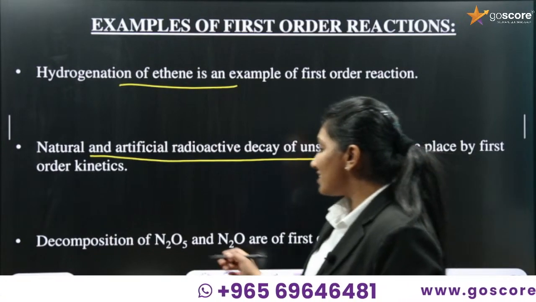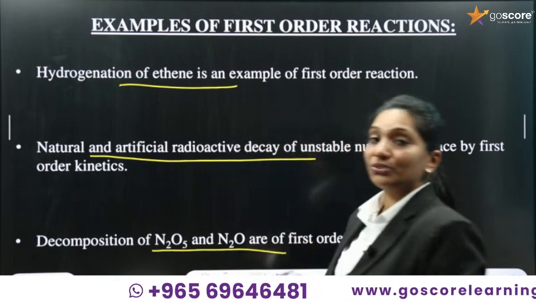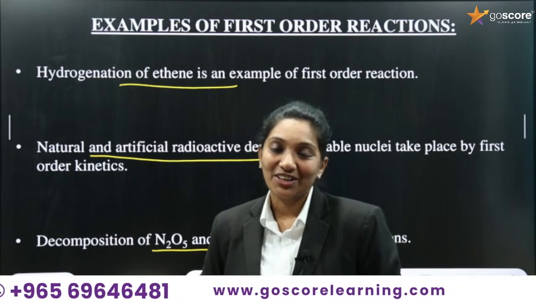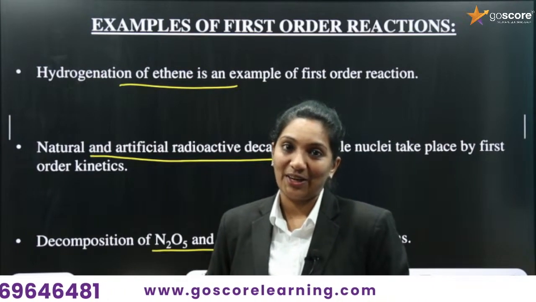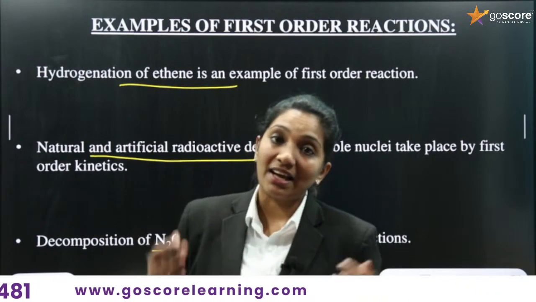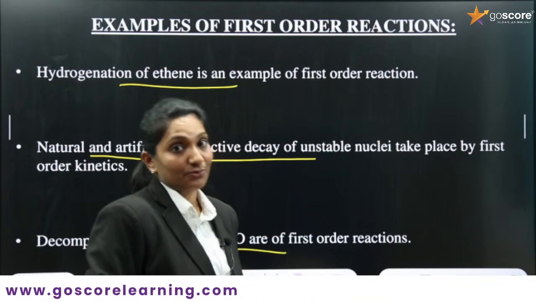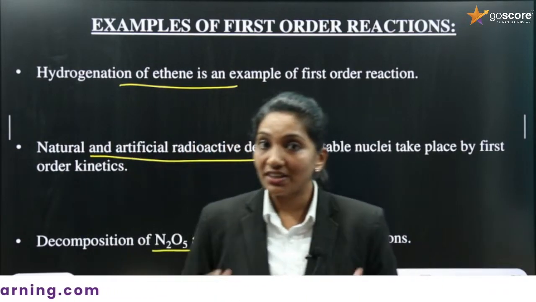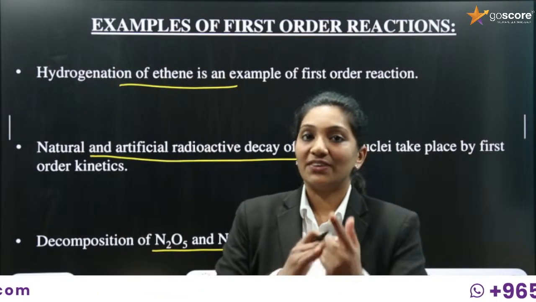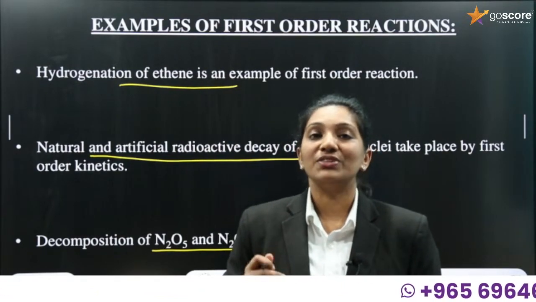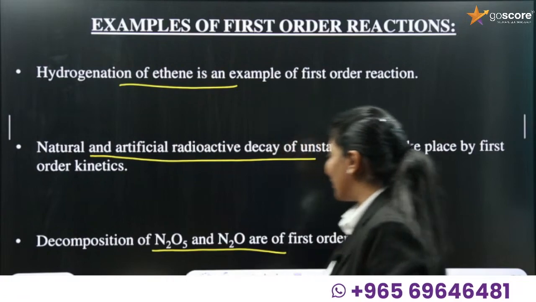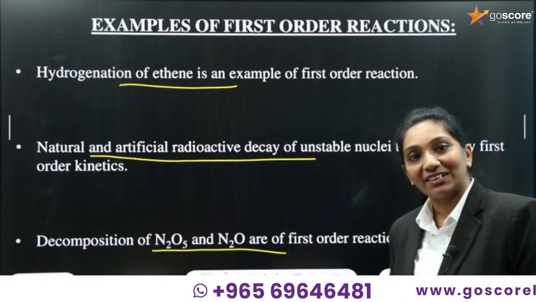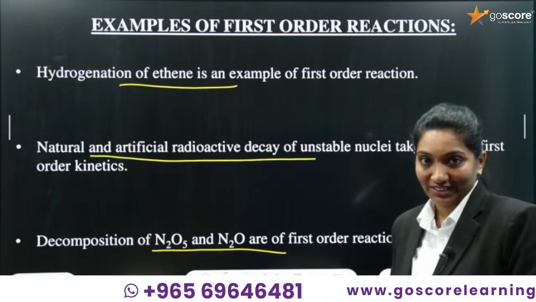And the third one is the decomposition of N2O5, another example of first order reactions. So these are the different examples of first order reactions. We have done the derivation, graphical representation, as well as the examples for first order rate equations. Now we can move on to some problems related to the topics that we covered till now.